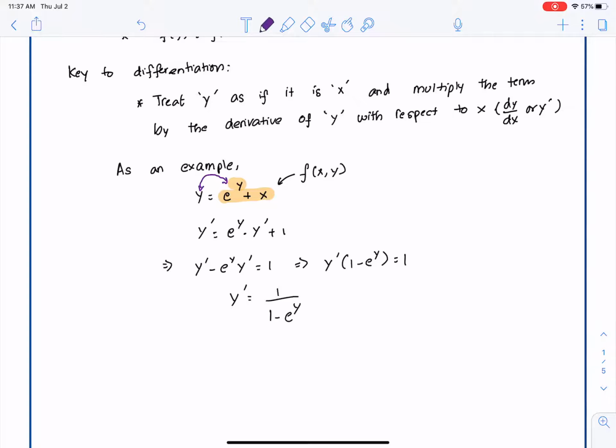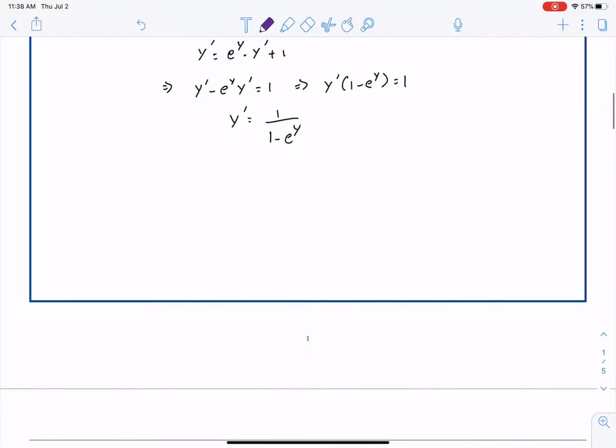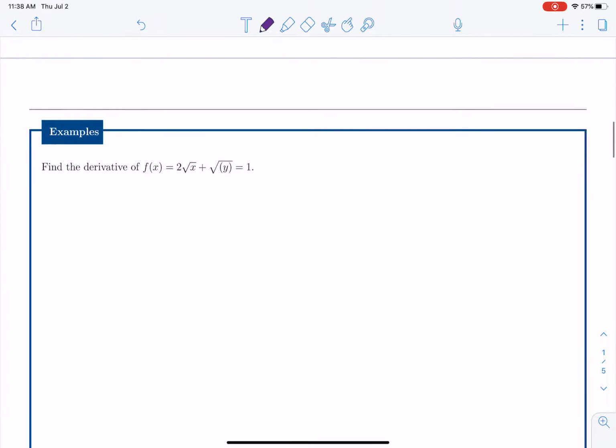So the chances are, if we start with an implicit differentiation problem, the answer is most often than not likely to be an implicit answer. So, which in this case, y prime is depending on y itself. And that is the key to implicit differentiation.